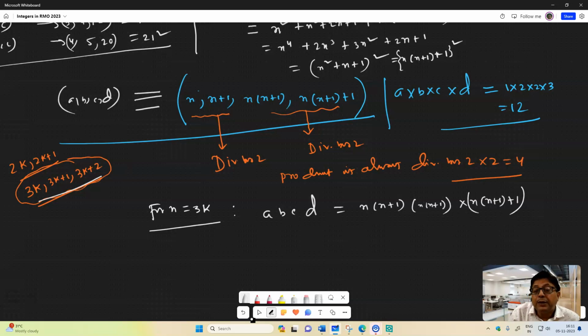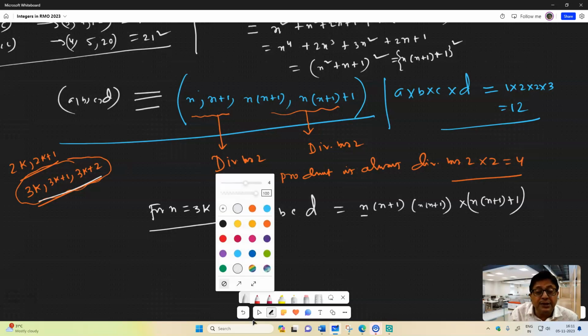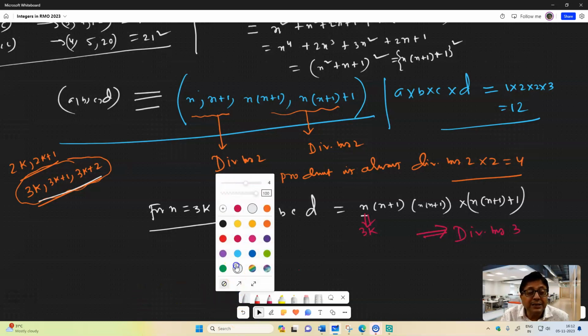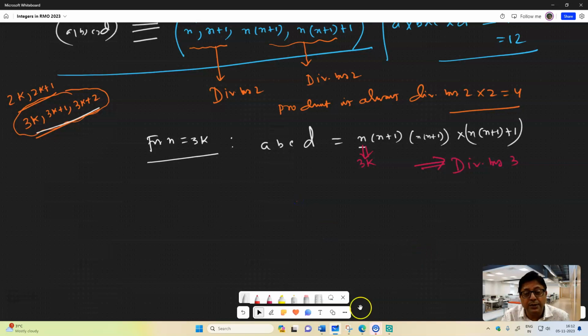So for n equal to 3k, it is obvious that we just substitute the value 3k over there. For 3k taken here, this product is divisible by 3. This product ABCD is divisible by 3.